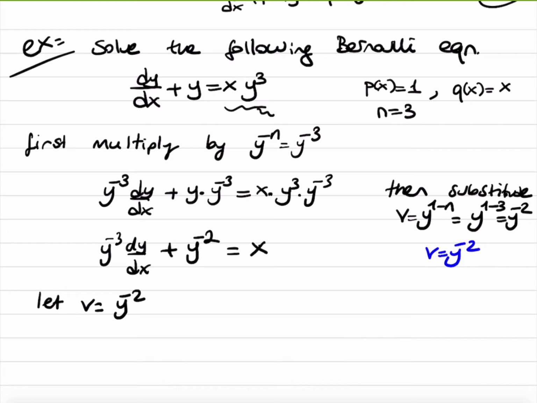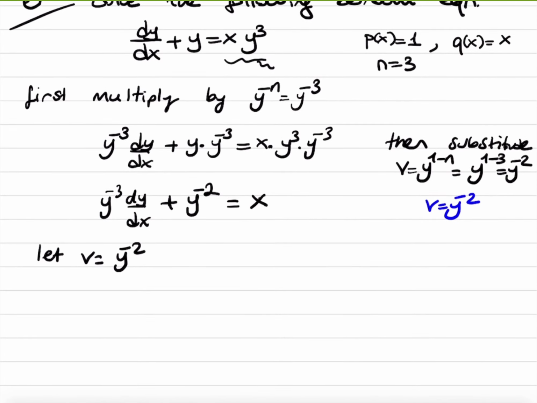But if we substitute this, what about dy over dx? We will write everything in terms of v and x now, so we don't want to see y. So let's take dv over dx, the derivative of v with respect to x. What is the derivative of y to the power minus 2?